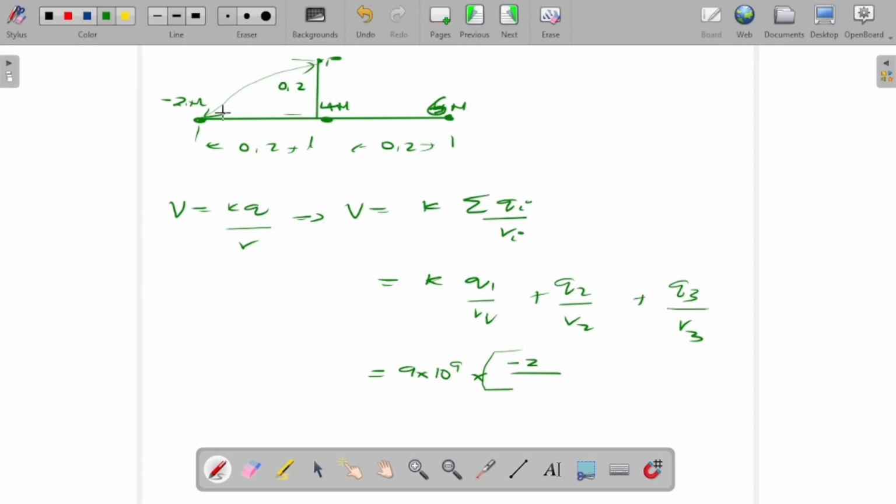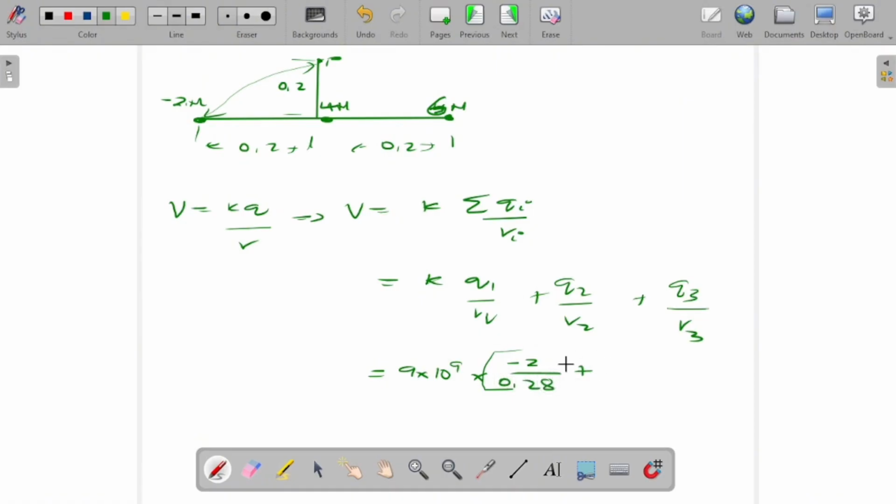What is the hypotenuse of the two values? It's 0.28.